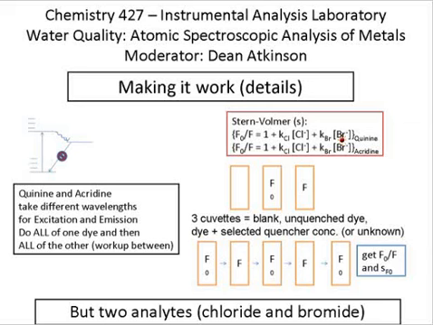And then the harder part is to figure out the uncertainties associated with those concentrations that you calculate. So calculating concentrations is a little mathematically challenging; more mathematically challenging is propagating the errors associated with all of those numbers back into the answer that you've got, which is the chloride and the bromide concentration.